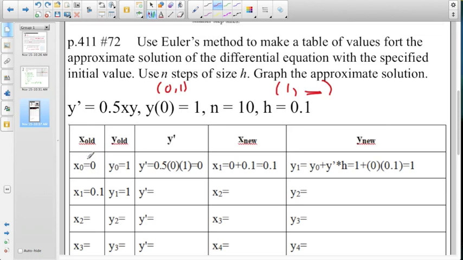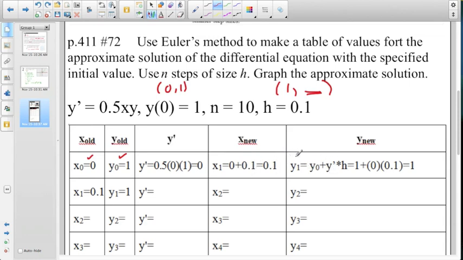So here we are, starting out at 0, 1, and we want to know what the slope of the tangent line through 0, 1 is. This is that short blue line that would appear on your slope field. We plug it in: 0.5 times 0 times 1 is 0, so the slope of that line is 0.